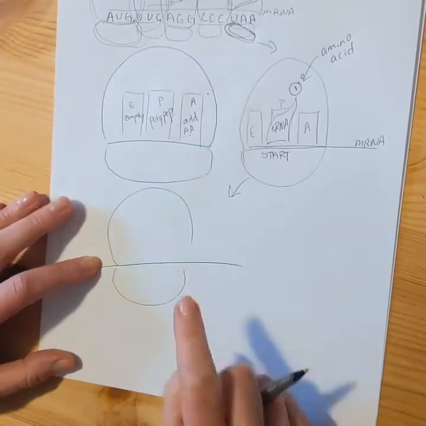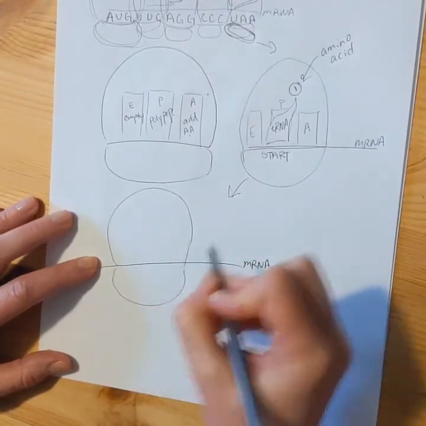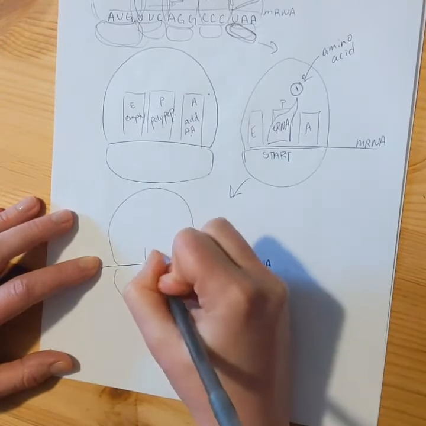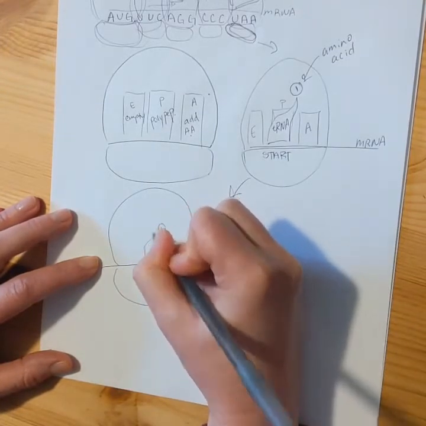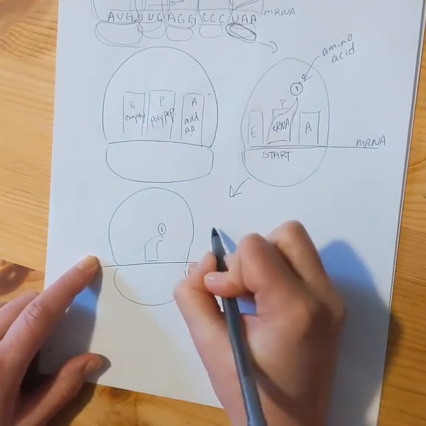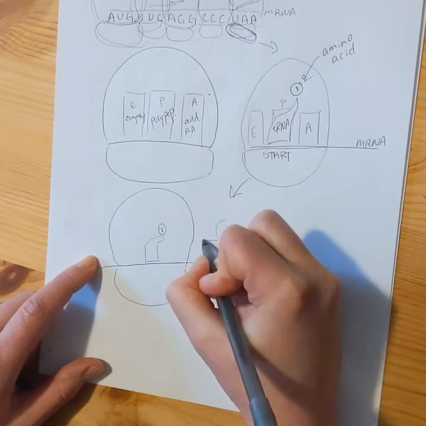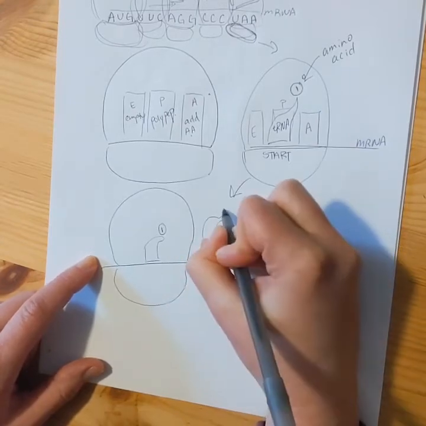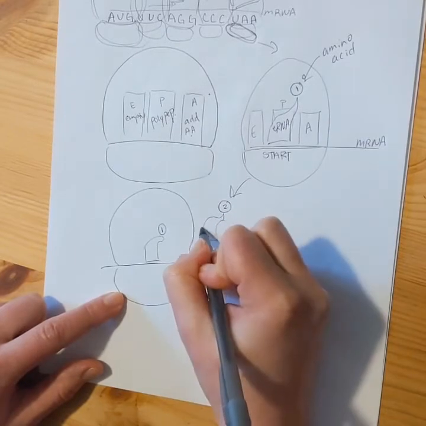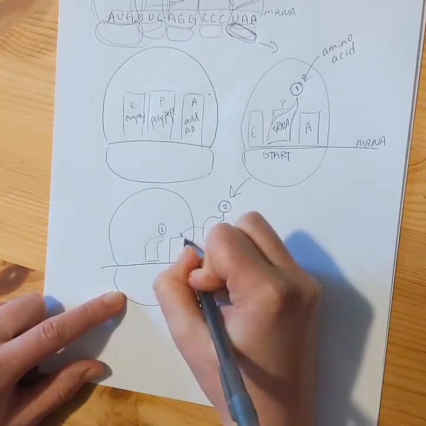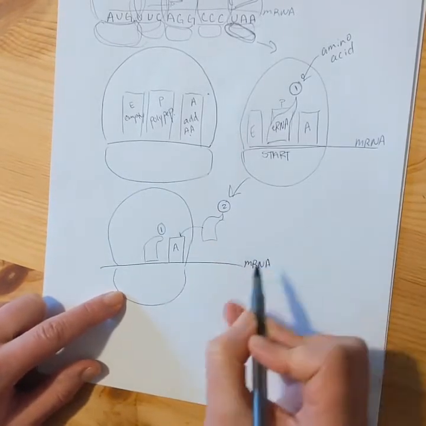I've got my ribosome, I've got my mRNA. The first amino acid is sitting there in the P site. The next amino acid is going to be pulled over. Here's amino acid number 2. And it's going to go into the A space because I'm going to add this amino acid.